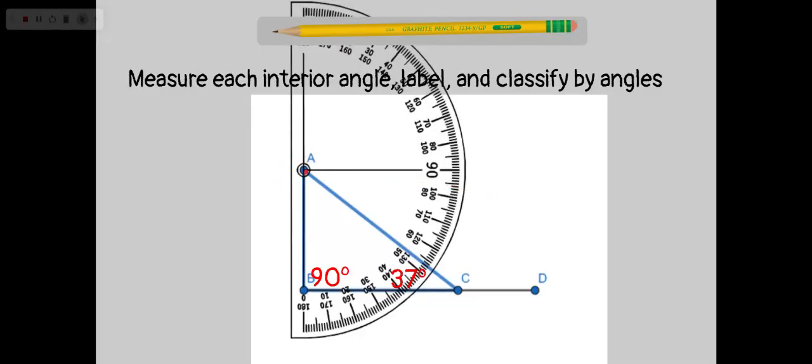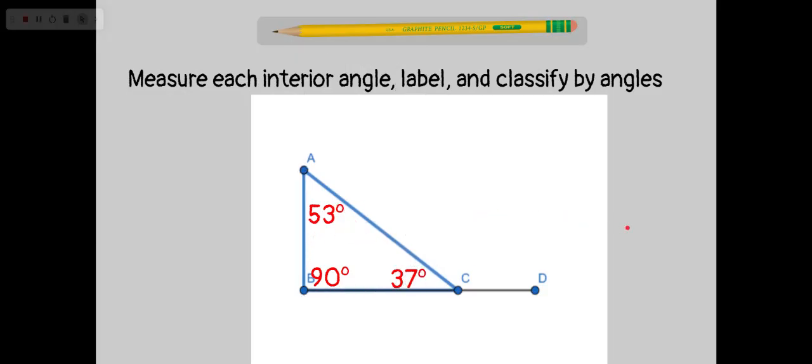Again, the dot overlaps with the angle, the side is overlapped with the line, and then we just extend our angle. This is an acute angle, so I'm going to use the inside numbers. So it's about 53 degrees. I can double check to make sure all these numbers work, they should all add up to 180 degrees, which they do. So this is a right triangle because I have a 90-degree angle.